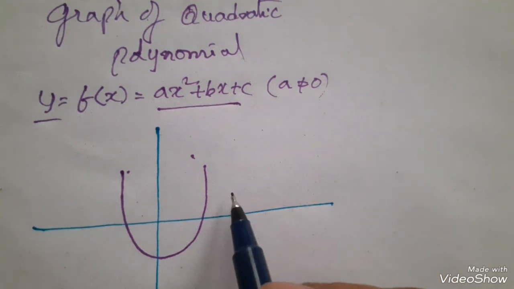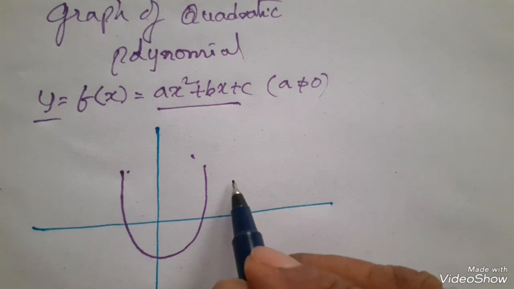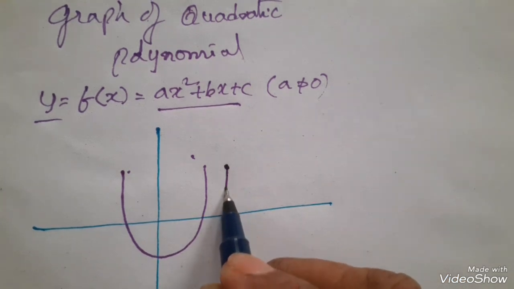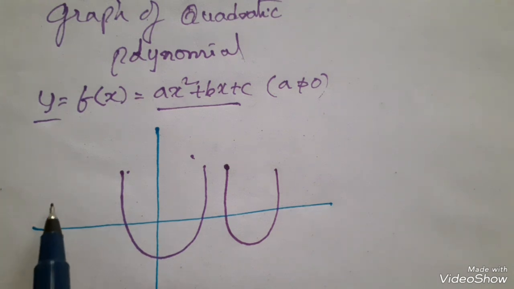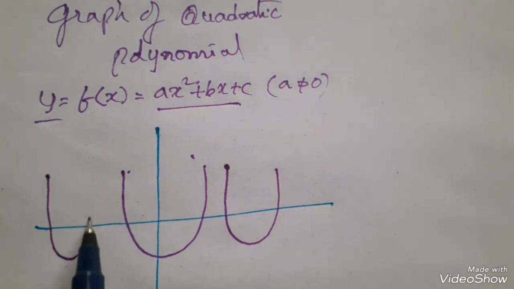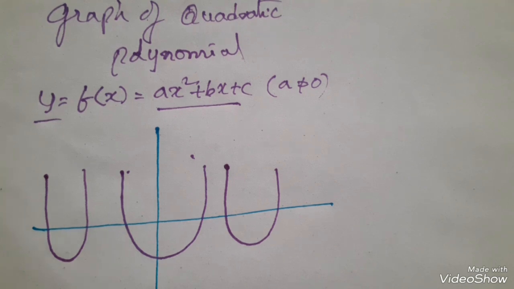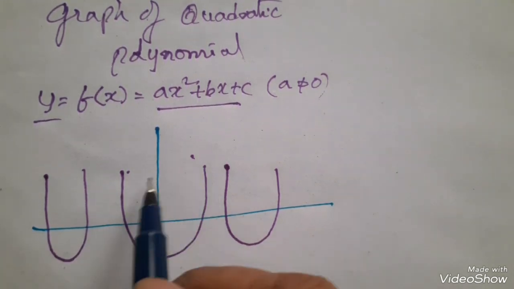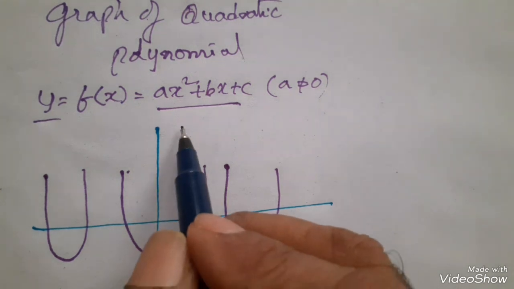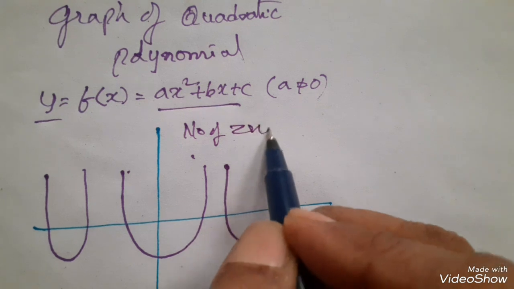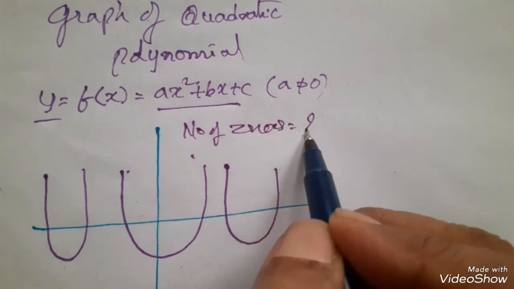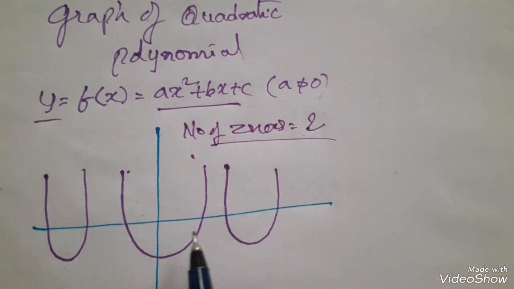And when both are positive zeros, the graph of the quadratic polynomial we get like this. When both are negative zeros, we may get like this. So in this case, the number of zeros is 2. We can get the graph of the quadratic polynomial like this.